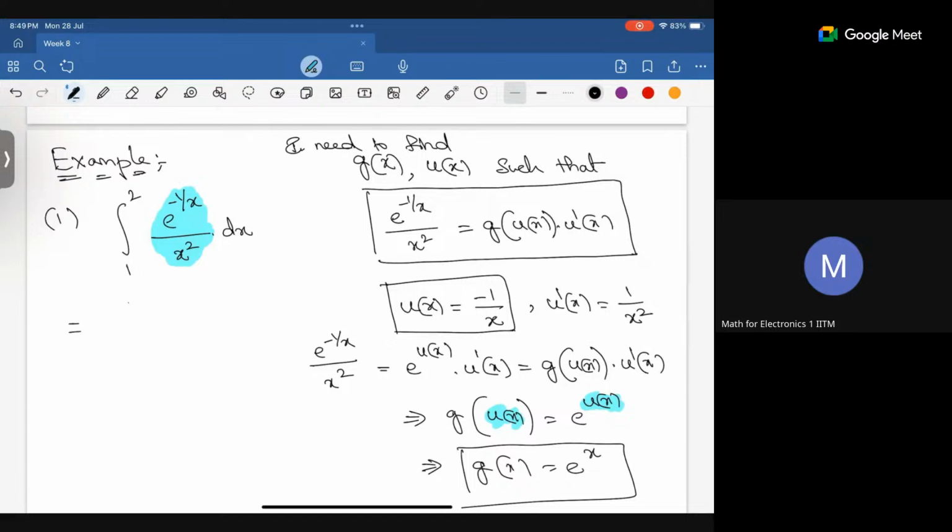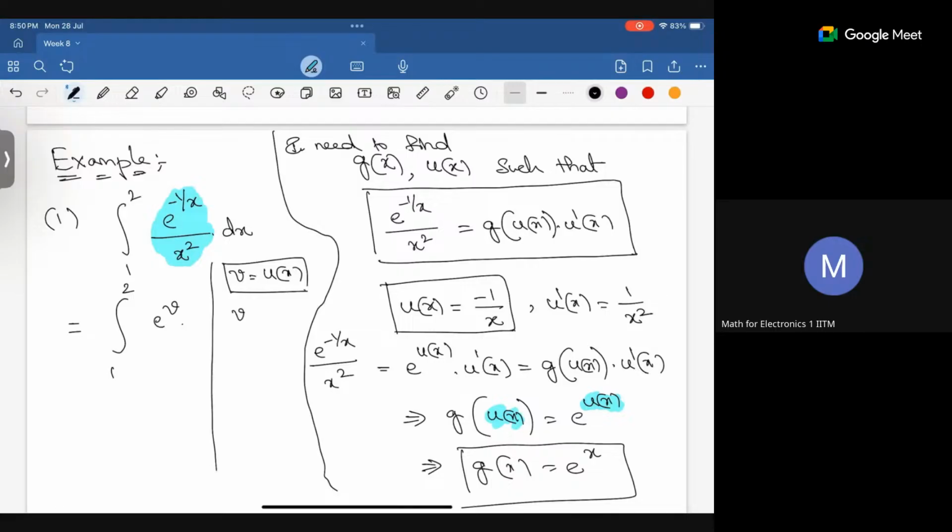Now this will simply be the integral from 1 to 2. So what substitution should I make? I should bring in some variable v, which is u of x. Once the substitution is made, this is e power v into 1 by x square dx. Since v is u of x, if I take the derivative, dv will be u prime of x, which is 1 by x square dx.